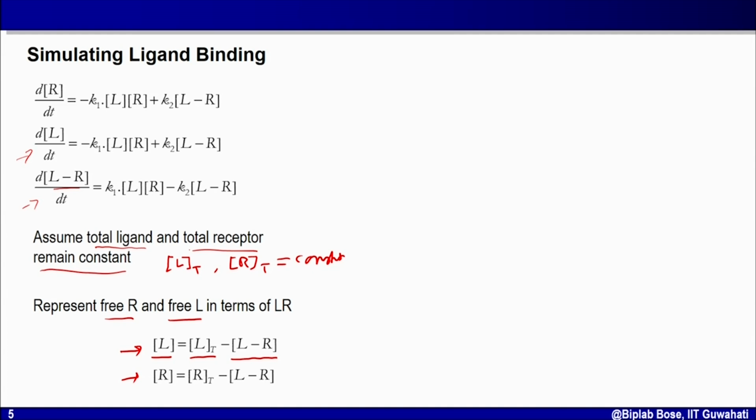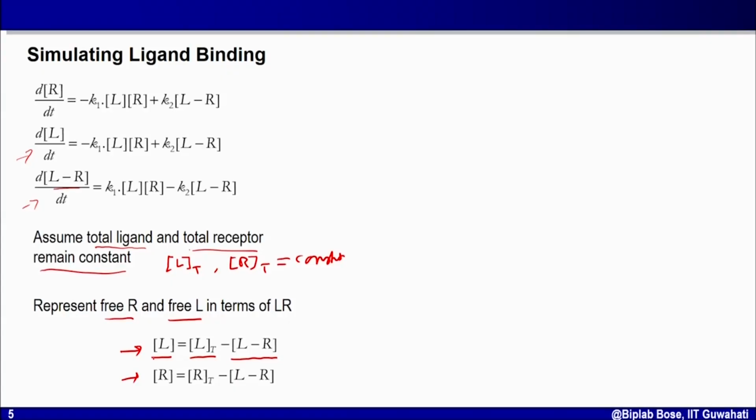So the concentration of the complex should be deducted from the total concentration of the ligand. That will give me the concentration of free ligand. Similarly, the concentration of free receptor should be equal to the concentration of the total receptor minus the concentration of the complex, because that complex also has receptor in it.